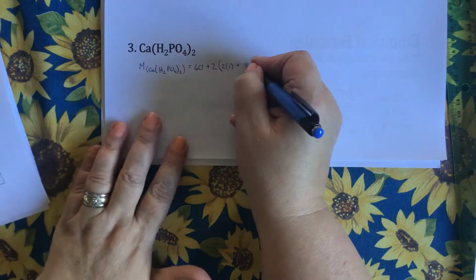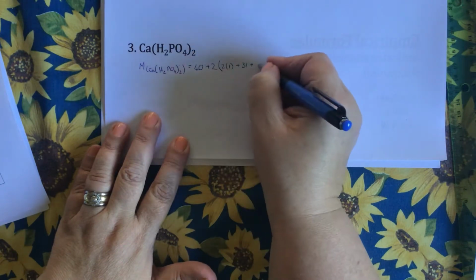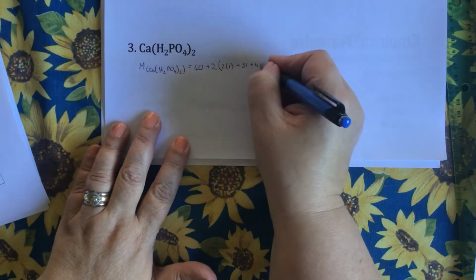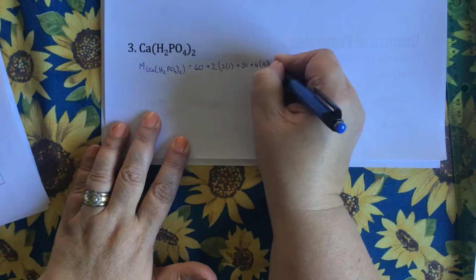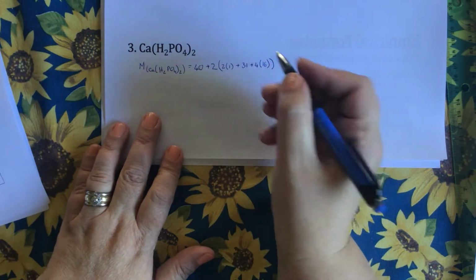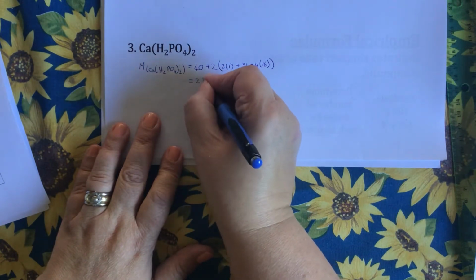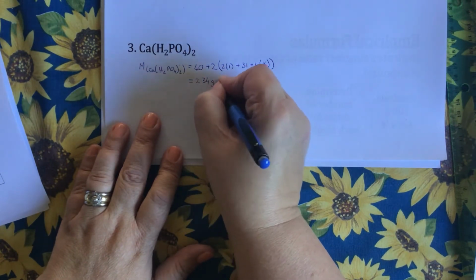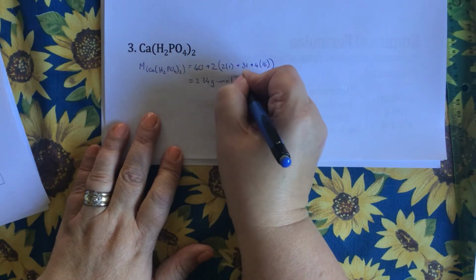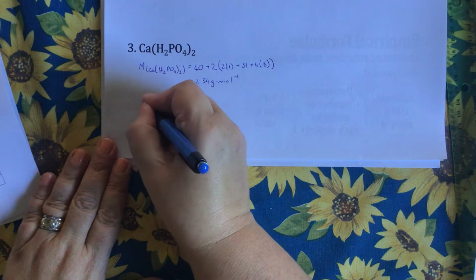Phosphorus has a mass of 31 on the periodic table, plus oxygen, which is 16, but there's 4 of it, so 4 times 16. So all of that is going to be multiplied by 2, and this works out then to be 234 grams per mole.